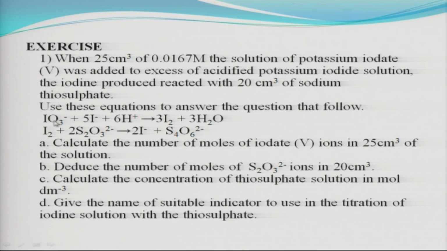So this is iodate reacting with potassium iodide. When it reacts with excess potassium iodide, you observe that this is supposed to be acidified. So iodate is supposed to react in acidified media, and it will react to give us iodine.